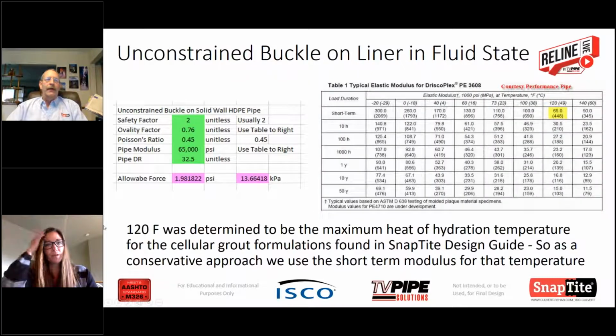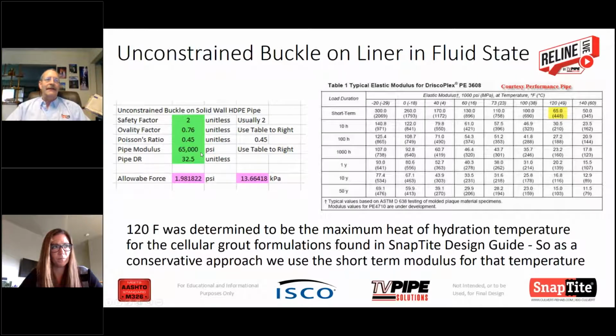And when we do that, we found that 120 degrees F was the maximum curing temperature that is produced with the foam generator products. If you go back to the admixtures, again, you're relying on a chemical reaction to produce the air that goes into the flowable fill to create your lighter density grouts. And those chemical reactions are often exothermic. So you may warm the pipe greater using some of the bag mixtures. So your heat of hydration is going to control the modulus that you use for evaluation.